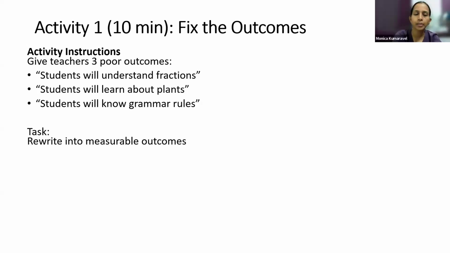What exactly in plants will the student learn? In one class, the student cannot learn everything about plants. So what exactly will the student learn in that particular session? Here you can see the outcomes are not measurable, so you have to make it a measurable outcome. I'll give you some time, 1 or 2 minutes.